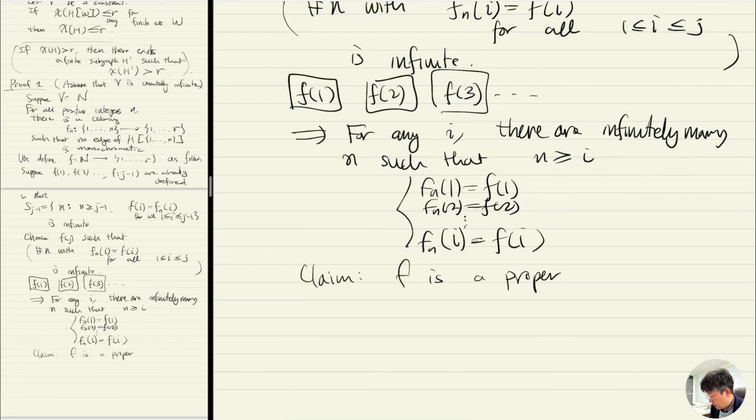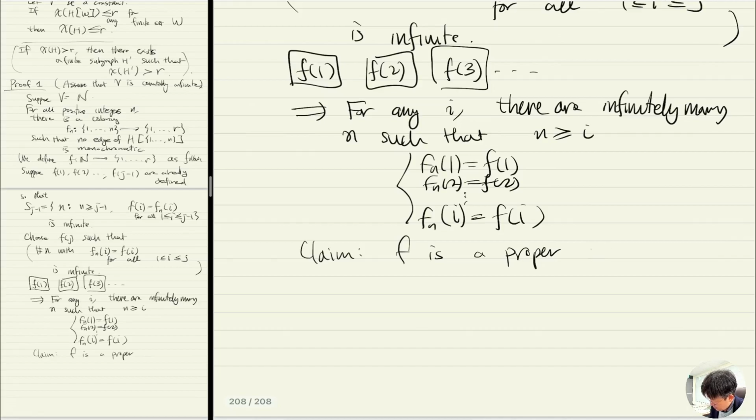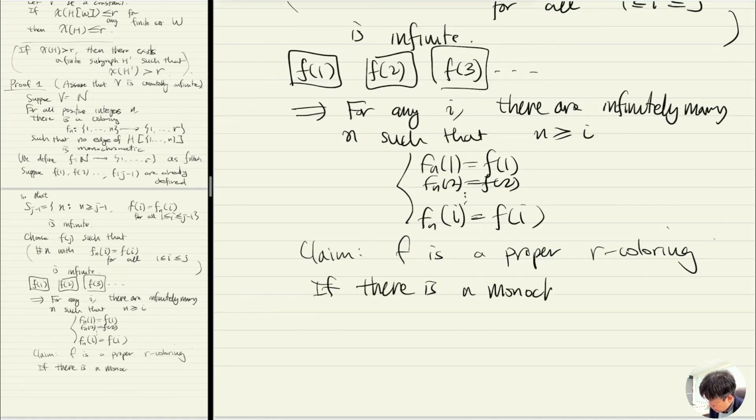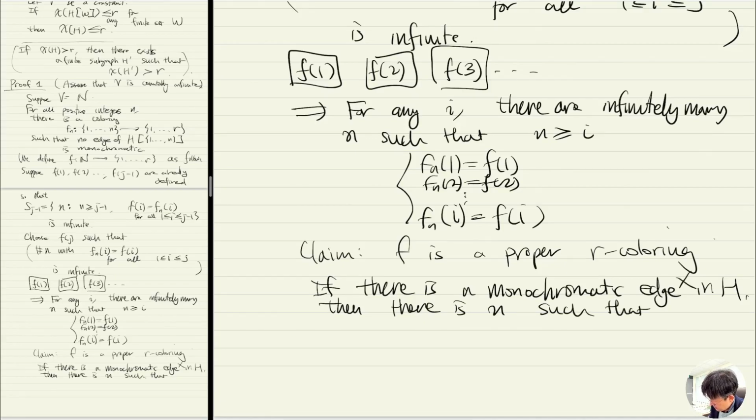Right? Now, we need to show why this is a good coloring, a proper r-coloring. Why? Well, if there is a monochromatic edge in H, since each edge is finite, there is i such that the edge is included in the subset 1 up to i.